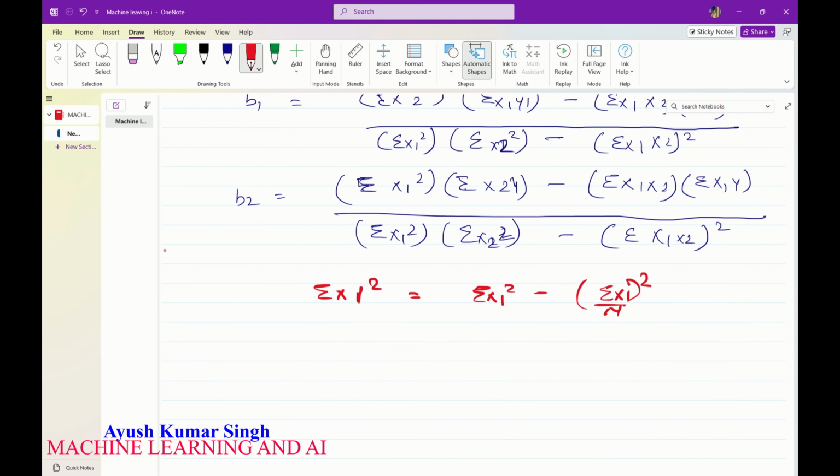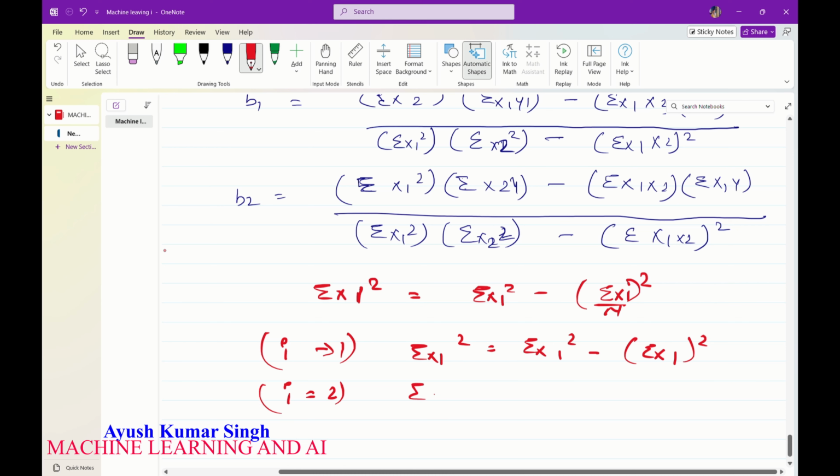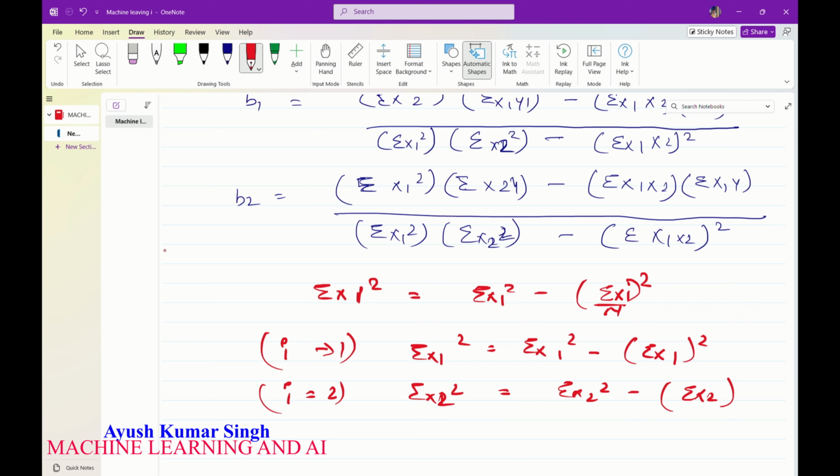Okay, so this is how we calculate this formula in the multiple regression model. After that, suppose i is equal to 1, then it will be sum of x1 whole square, sum of x1 square minus sum of x1 whole square upon n. If i is equal to 2, then sum of x2 whole square is equal to sum of x2 square minus sum of x2 whole square upon n.